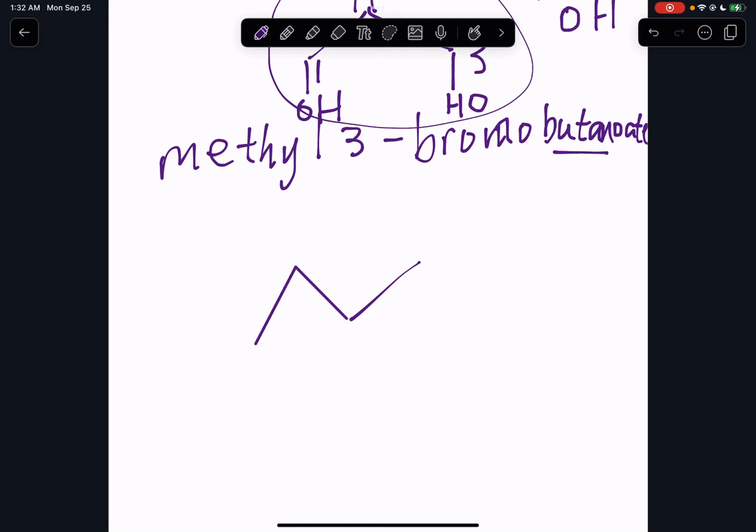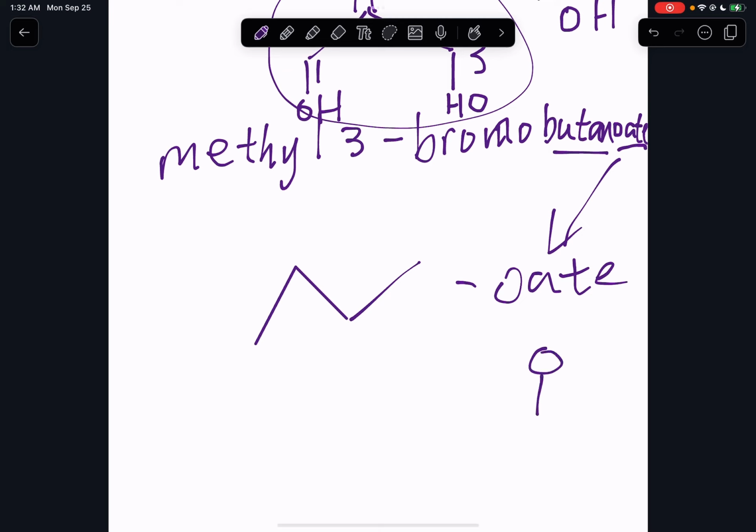So that's a butane. And now there's a new concept we have to learn: "oate," which is the suffix for an ester. Let me give you an example for "oate." This is an oxygen double bonded with another oxygen at the end.